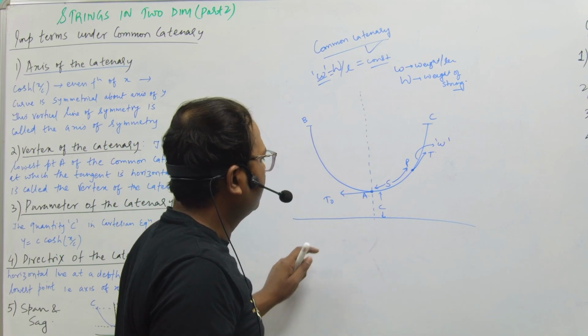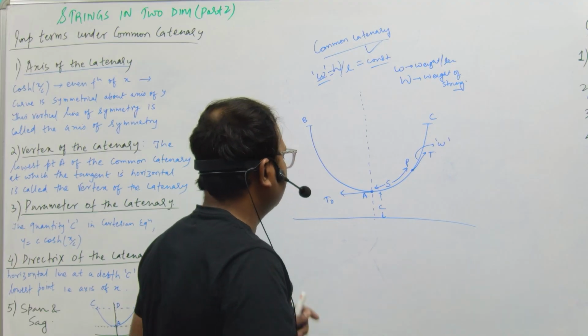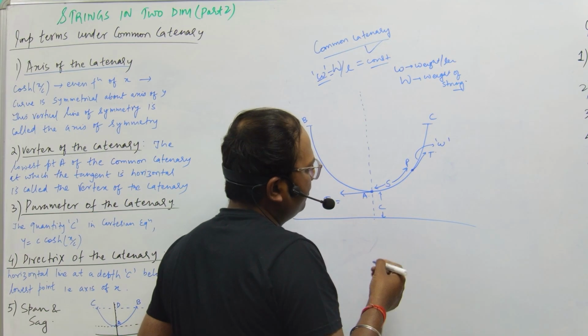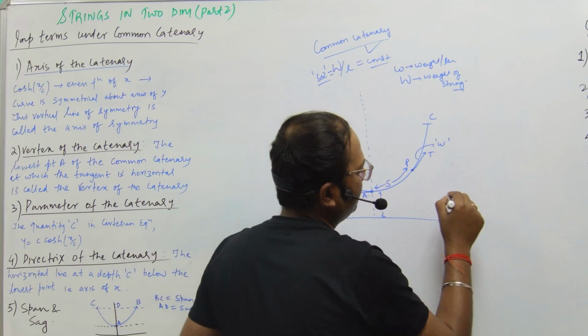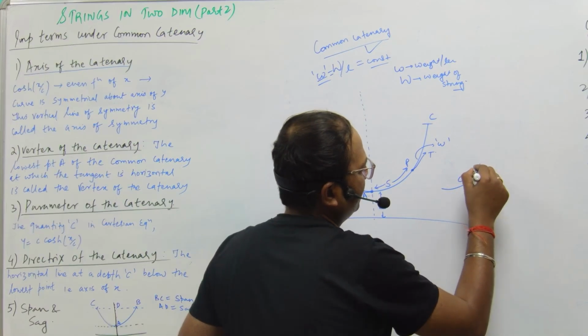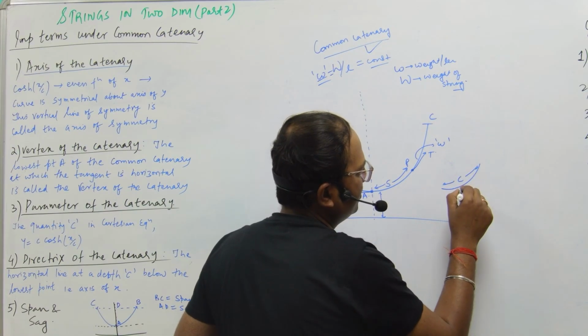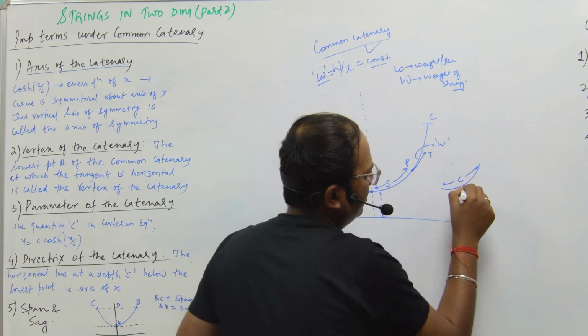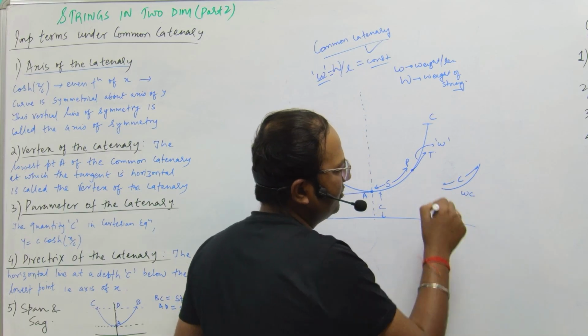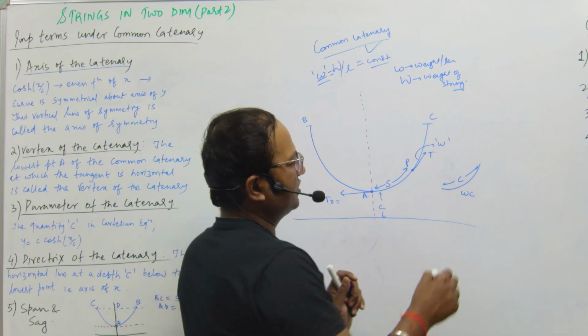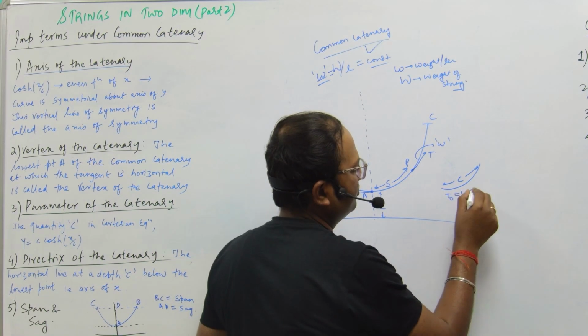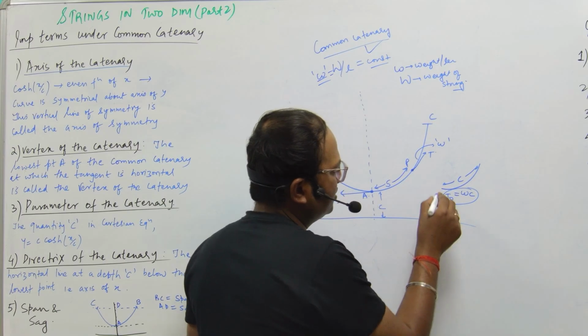We studied in the previous lecture that this T naught is the weight of c length of the string. Suppose the length of the string is small c. The weight of c length of the string is weight per unit length into c, and this is equal to T naught.